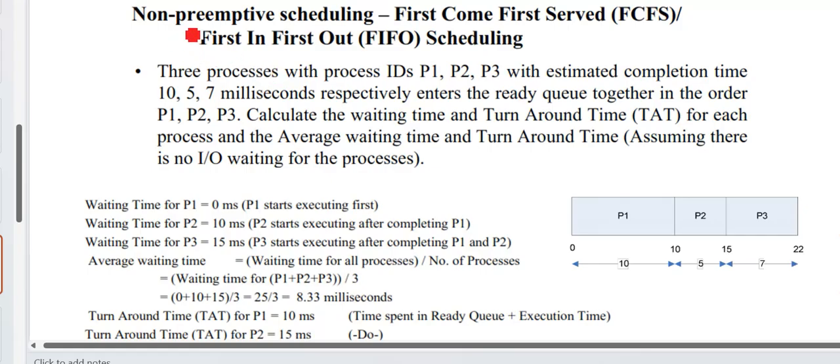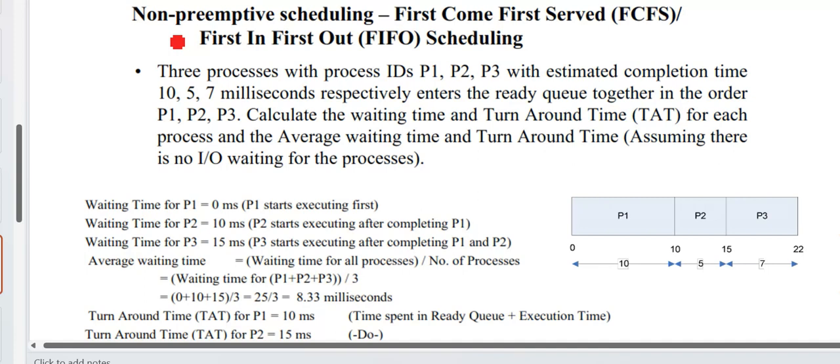Non-preemptive means it cannot be stopped. If suppose 5 tasks are running and a fifth one comes, it cannot be stopped. Preemptive means we can stop, and the resource will immediately be given to the next process according to priority or any other algorithm. In non-preemptive, whatever task is running should be completed, and only then will the resources be shared with the next one.